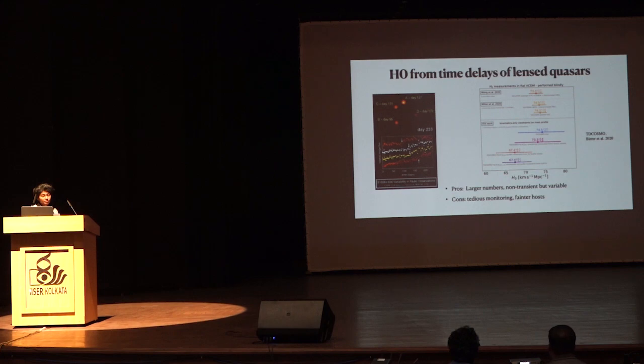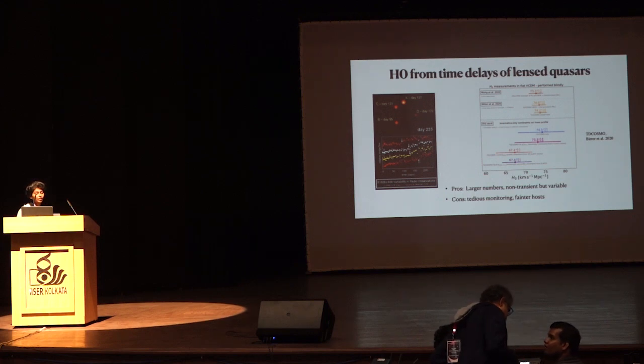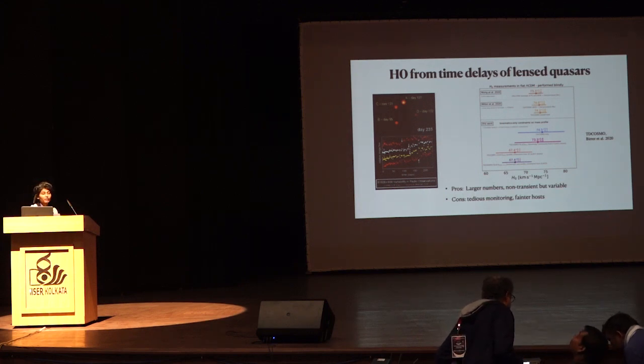The great thing about the way the analysis is done by these collaborations is that they have tried to do a blind analysis, and this minimizes the confirmation bias, and I think it is a great way one should go about doing these kind of cosmological inferences. So other cosmological probes should also try to include this kind of blind analysis in their approach. One of the disadvantages of using lensed quasars, as far as I know, is the tedious monitoring one has to do over decades, and this is a really painstaking business.